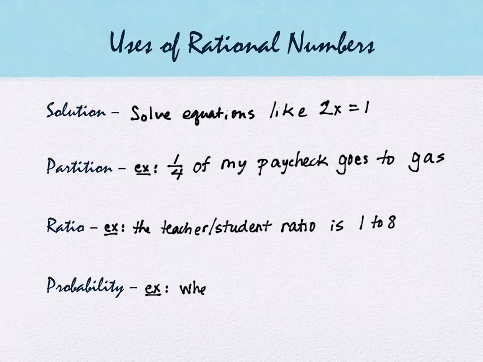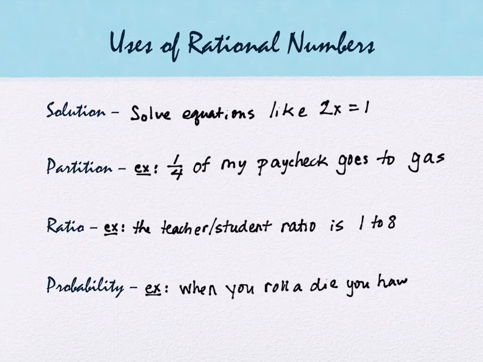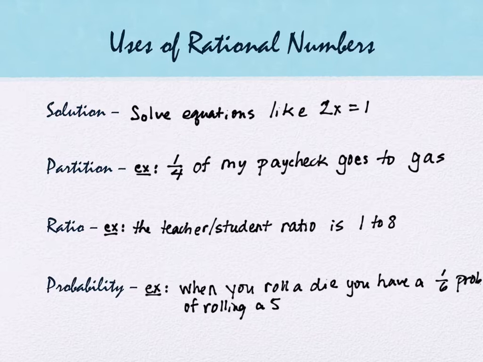When you roll a die, you have a 1/6 probability, I'll shorten it just to be prob, of rolling a 5. Right, this is a standard 6-sided die I'm talking about. So standard 6-sided die, there's 6 different ways that can happen. One of the 6 is the 5. So there's a 1/6 probability.